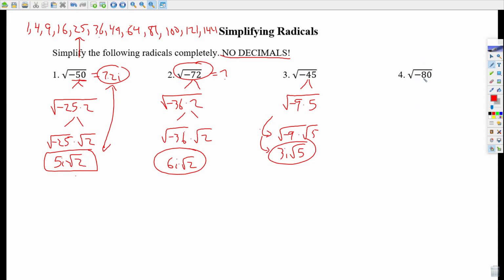All right, last one. I'm trying to figure out how to get 80, or negative 80. Let's see. 8 and 10, but neither of those work. So you might have to go through and actually divide them to see.